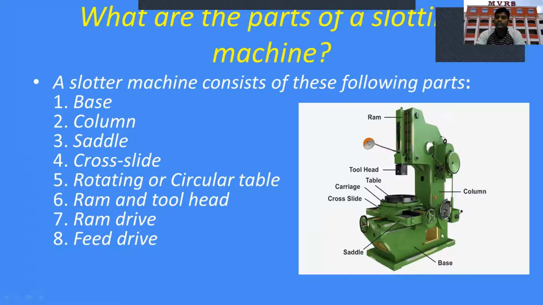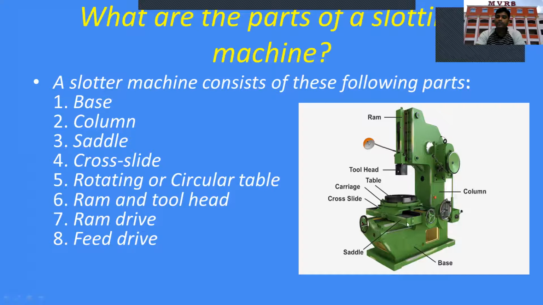So what is the criterion for this base? It should be very rigid. So what is this rigidness? Whenever all these parts are assembled and put over this base, it should not deform or fail. That is the property of this base, and generally it is made up of cast iron.